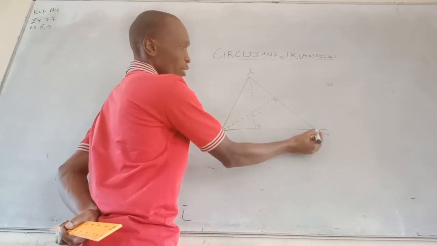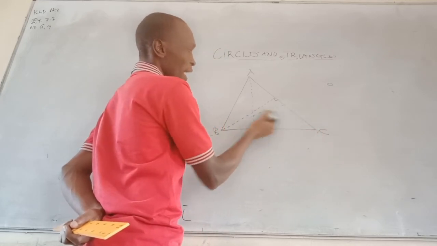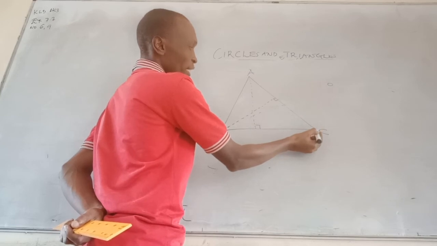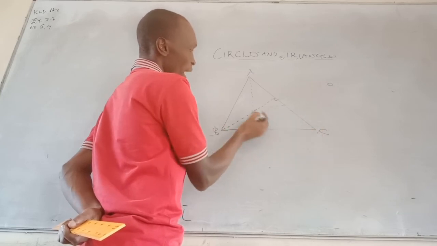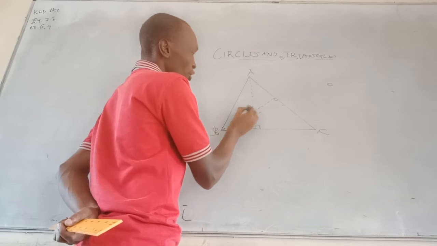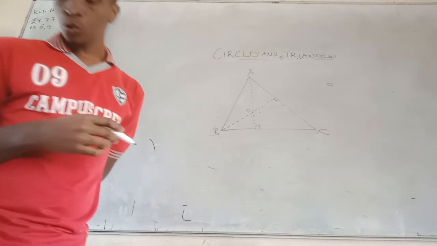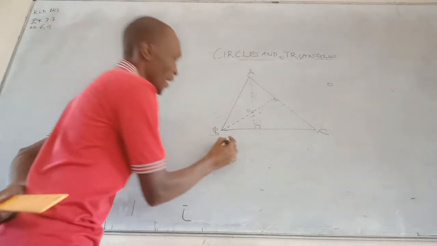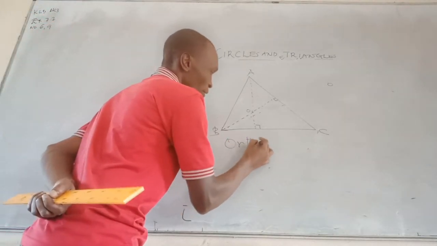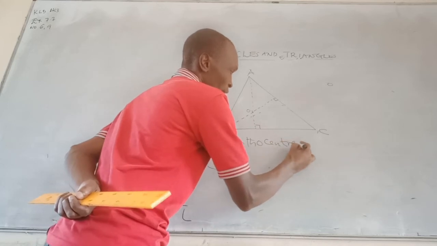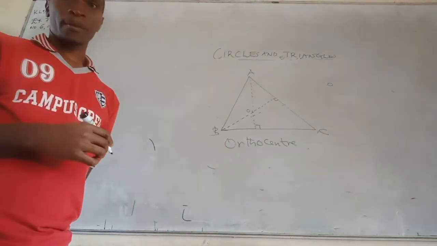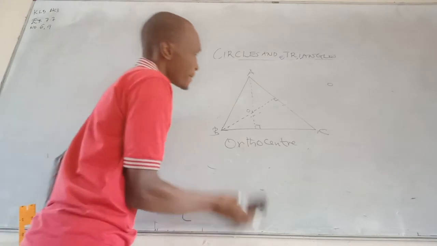I can also do it with this other vertex, that is vertex C, and then they will meet all at point O. Now this point is what we call an orthocenter.